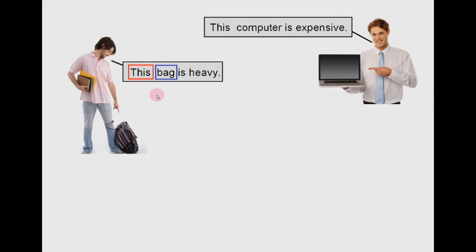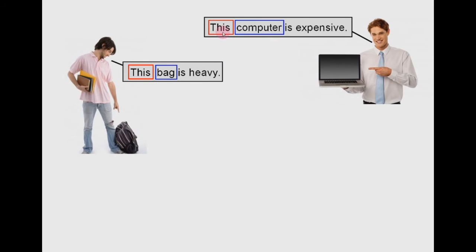So we are not saying this is, we are saying this with a noun, this bag. So here we are talking about a specific bag. Okay, so that is the meaning of this. We are not talking about another bag. We are talking about this specific bag. And it is singular, and it is close to the man. So we use the word this.